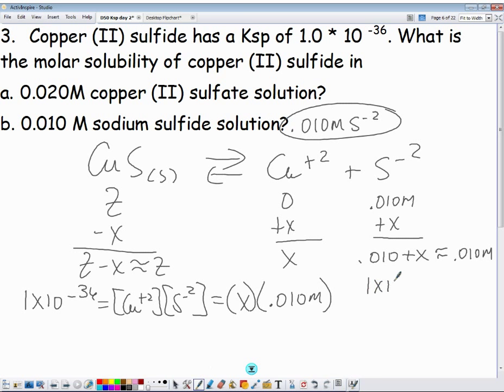That turns into this. 1 times 10 to the minus 36 divided by 1 times 10 to the minus 2 equals my X. What's my X? Thank you. See, 2 days ago, you didn't know how to do that, some of you. And now you do. Moles per liter. The molarity, how would I turn it into grams per liter? Multiply it by molar mass.